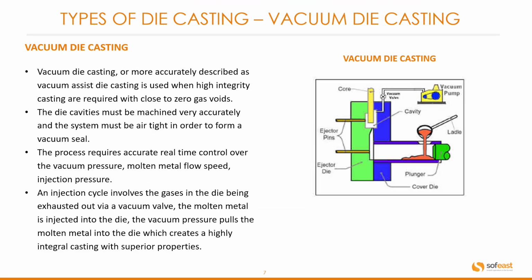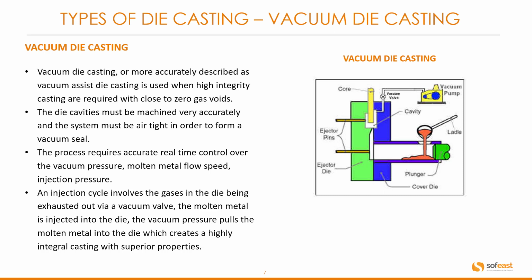Vacuum die casting, or more accurately described as vacuum assist die casting, is used when high integrity castings are required with close to zero gas voids. The die cavities must be machined very accurately and the system must be airtight in order to form a vacuum seal. The process requires accurate real-time control over the vacuum pressure, molten metal flow speed, and injection pressure.